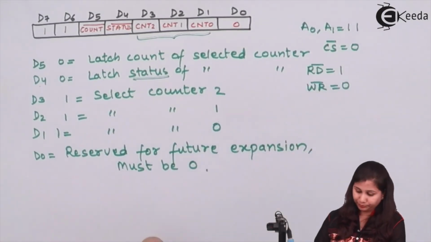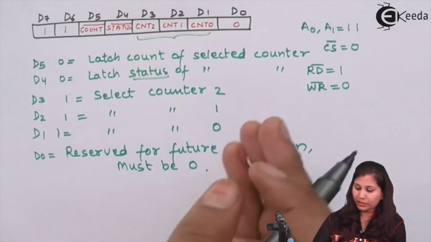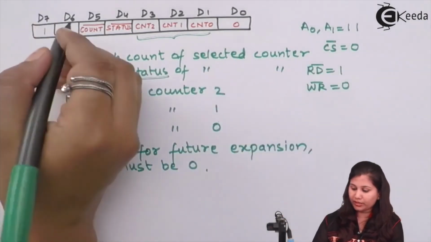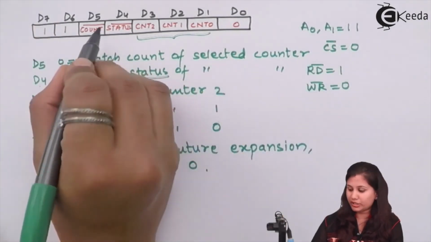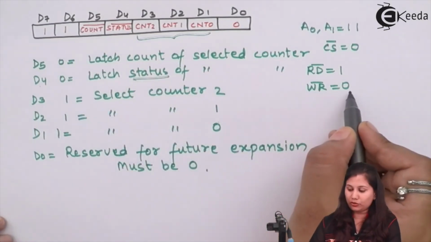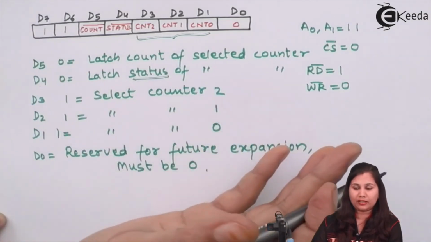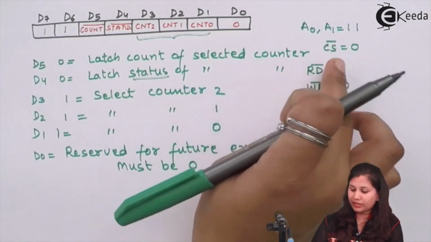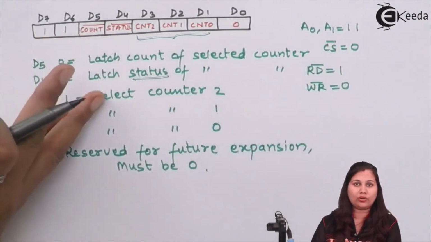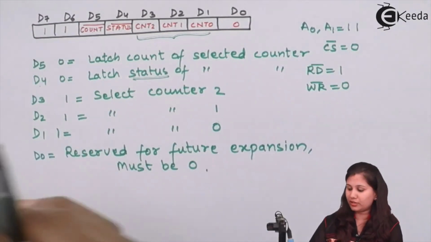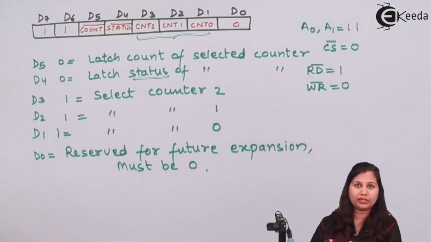Because when we want to load this control word into the control register, then write has to be 0, and read signal is 0 when we want to read the counters. So once we want to write this control word in the control register, this write signal has to be 0 here.